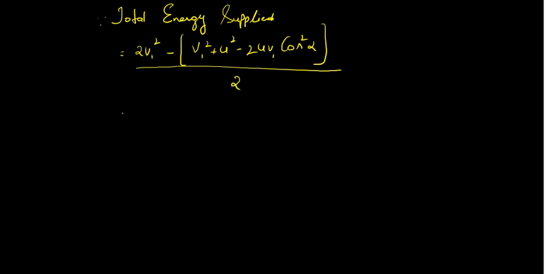Further, if I simplify it, it will be V1 square minus U square plus 2U V1 cos alpha, divided by 2.